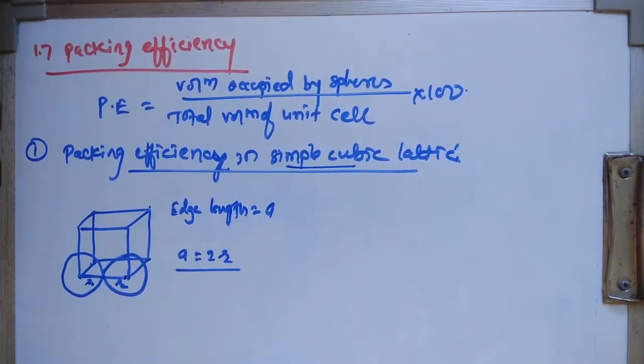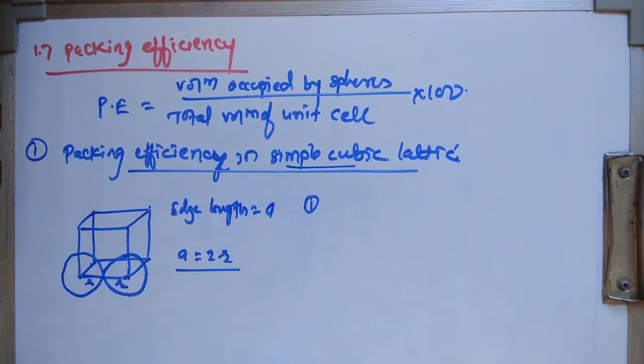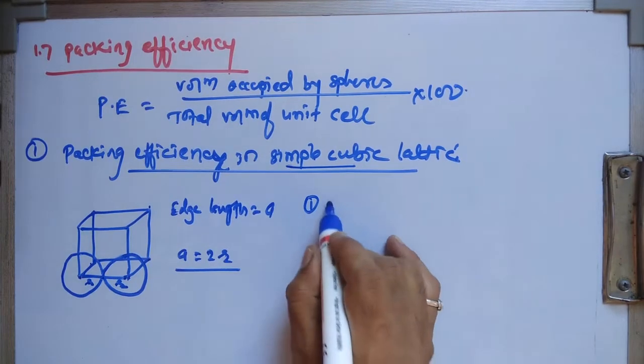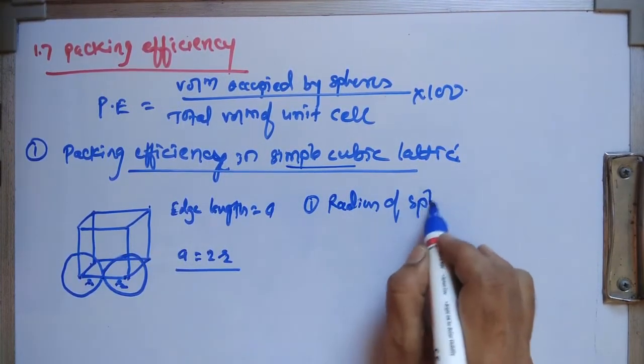Now for the packing efficiency in the simple cubic lattice, we go through the steps; stepwise we can do the calculations. Step number 1 is the radius of the sphere.